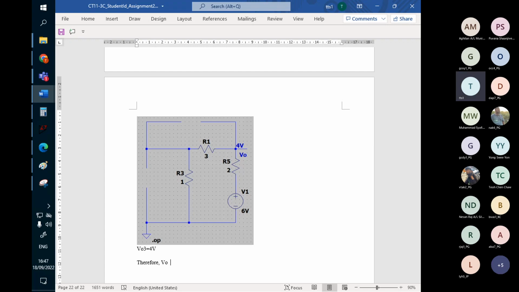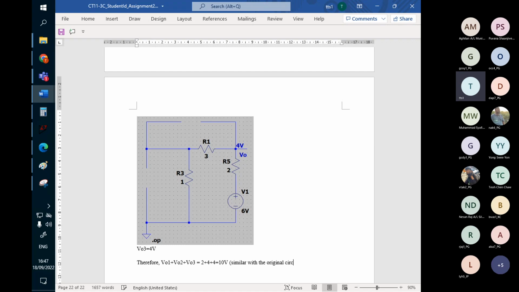Therefore, V out 1 plus V out 2 plus V out 3 is equal to 2 plus 4 plus 4, equal to 10 volt, what we expect to get, right? So this is similar to the original circuit.